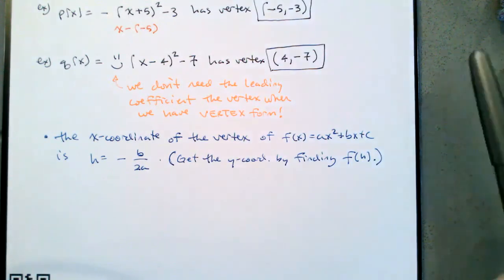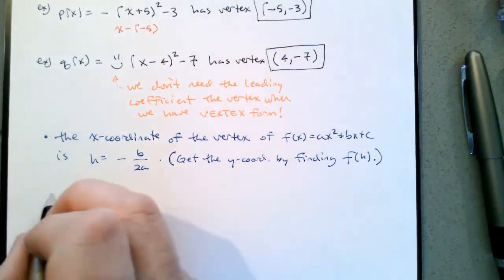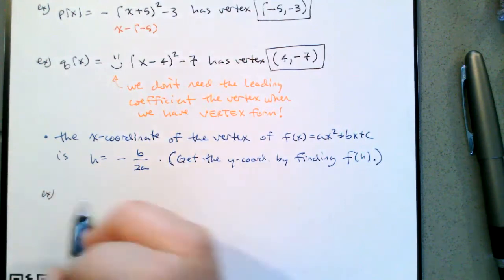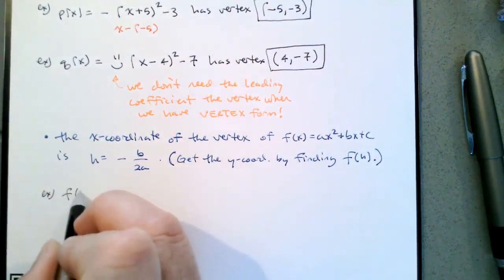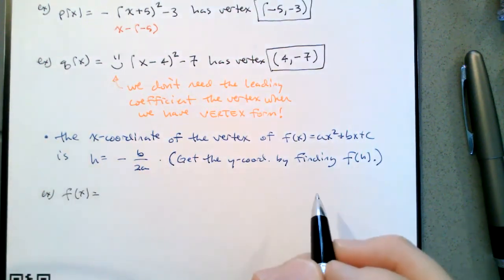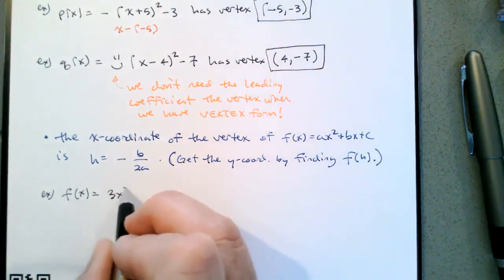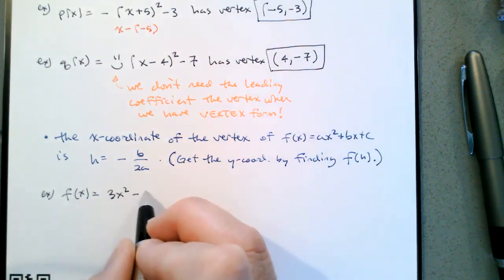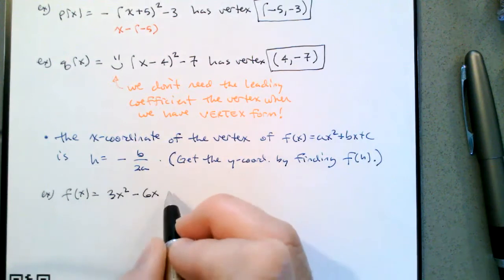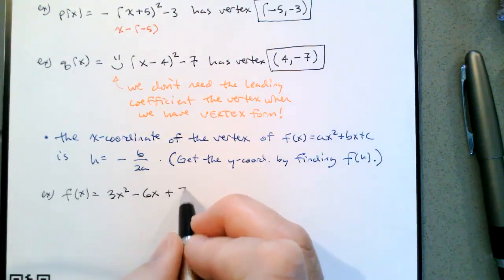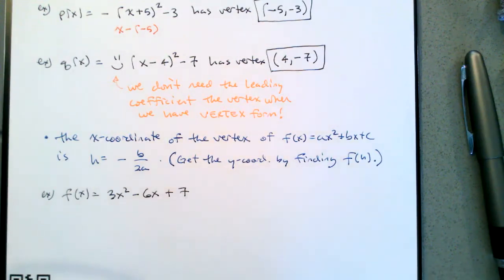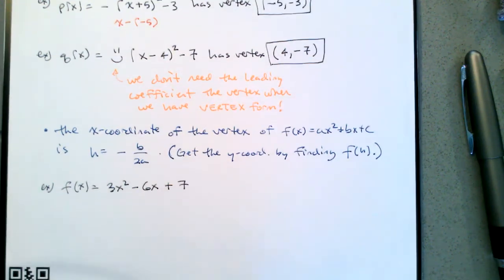So for example, if we have a function, say f of x is 3x squared minus 6x plus 7. I needed to come up with a number. I was drawing a blank.